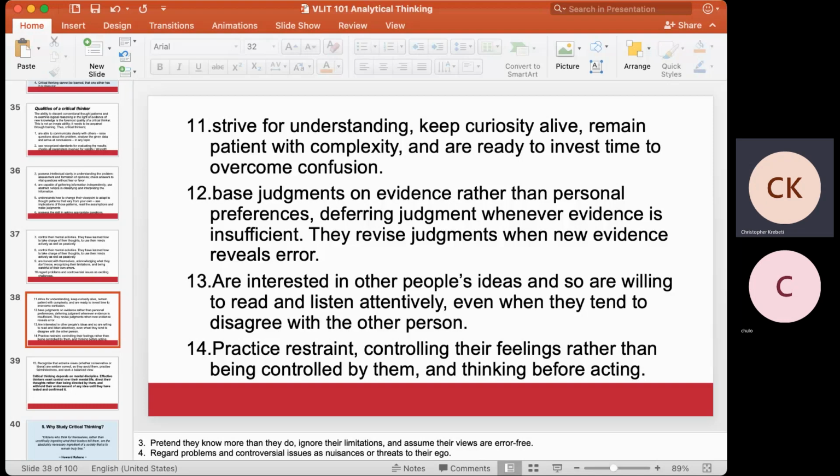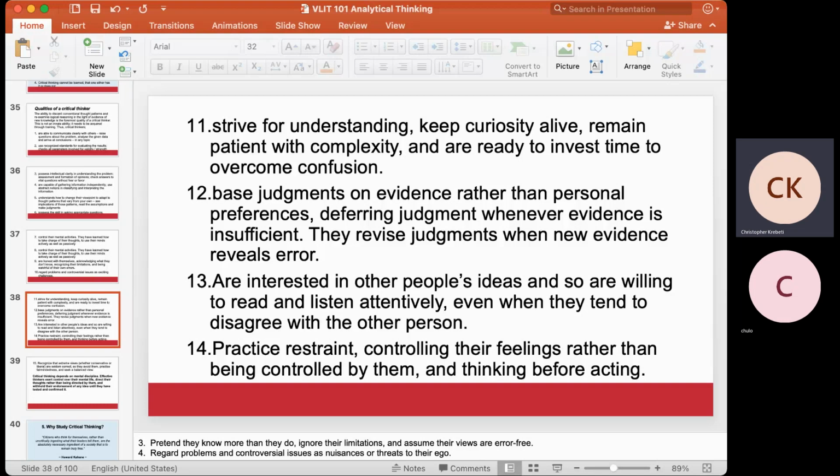Critical thinkers are also interested in other people's ideas. So that is why it is incorrect to say that critical thinkers don't imitate others, because they are interested in other people's ideas and they are willing to read and listen attentively, even when they tend to disagree with the other person. They also practice restraint, controlling their feelings rather than being controlled by them, and thinking before acting.